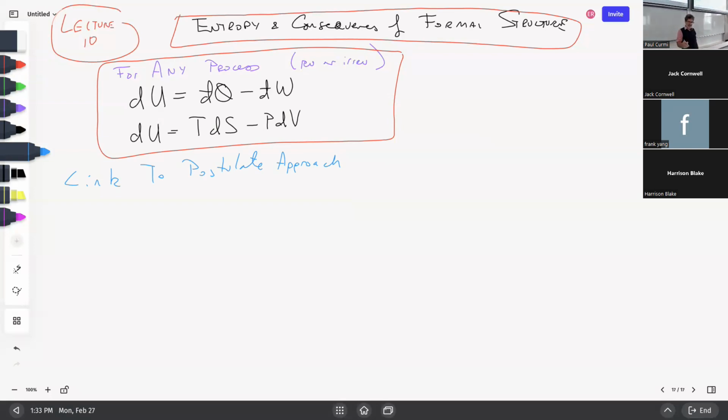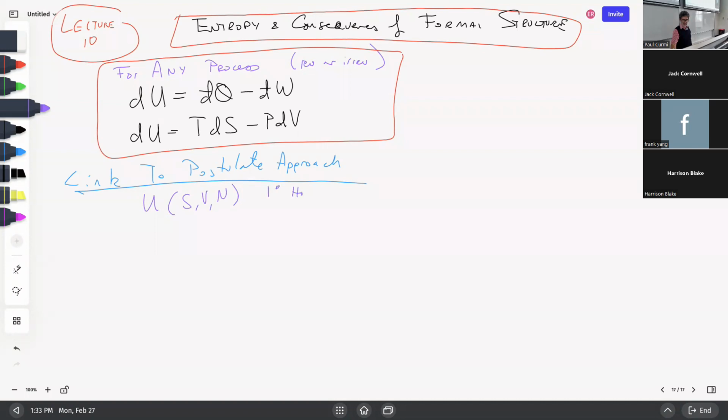Back to our postulates, I said something like U is a function of S, V, and N. It's first order homogeneous.